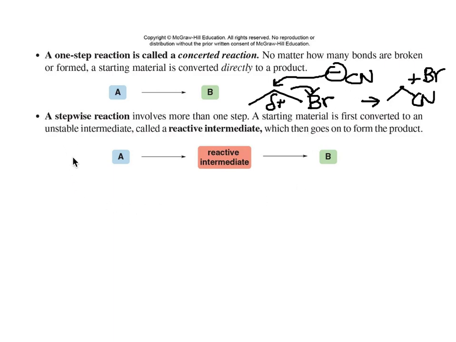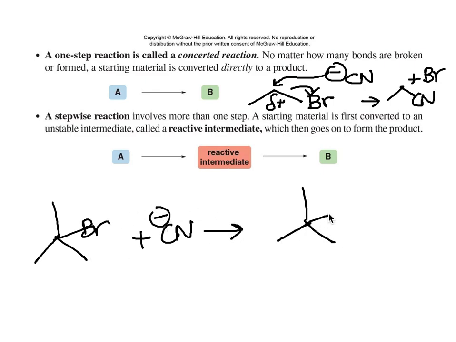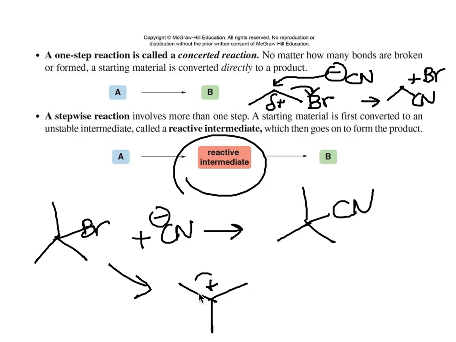And then the opposite is a stepwise reaction, in which the reaction happens in a bunch of steps. So for example, if I have something like this plus the CN minus, overall the CN will come in, but this reaction will go through an intermediate, and that intermediate will be that carbocation forming, and then at that point the CN can come and attack, and then I'll get the product.